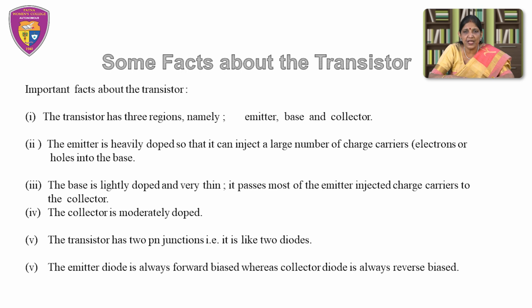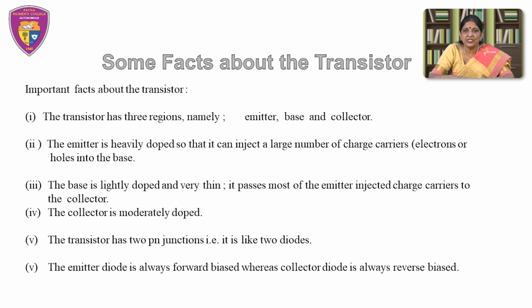However, for the sake of convenience, it is customary to show emitter and collector to be of equal size. Secondly, the emitter is heavily doped so that it can inject a large number of charge carriers, either electrons or holes, into the base. The base is lightly doped and very thin. It passes most of the emitter injected charge carriers to the collector, and the collector is moderately doped.